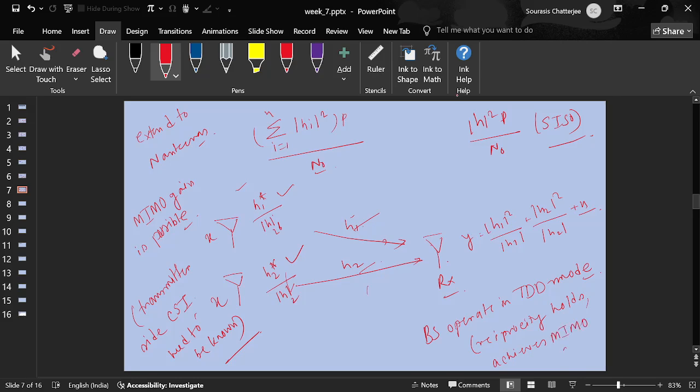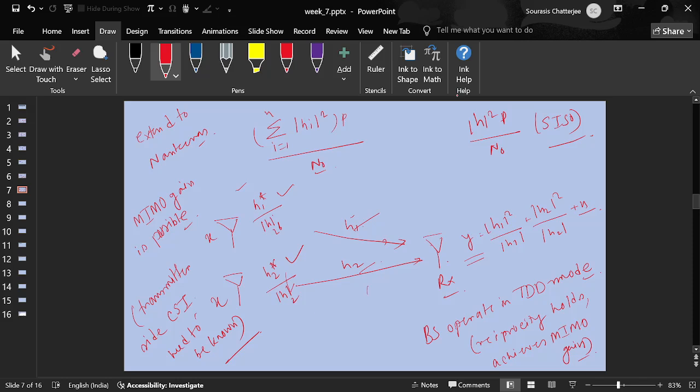So it's a good point to ask you: let's say the base station has a single antenna, in another situation the base station has 4 antennas, and in the third situation the base station has 16 antennas. Does the user, which is equipped with a single antenna, have any knowledge of how many antennas the base station is using for transmission?